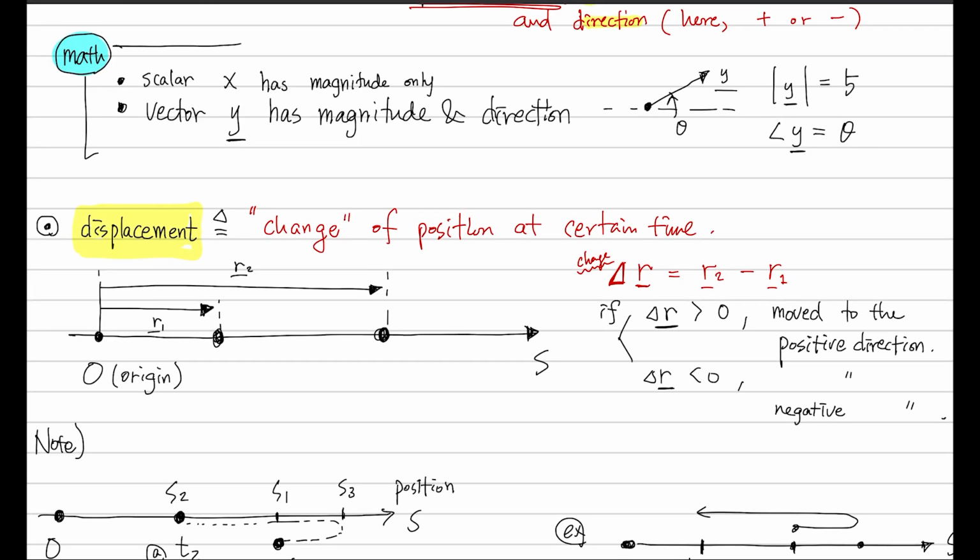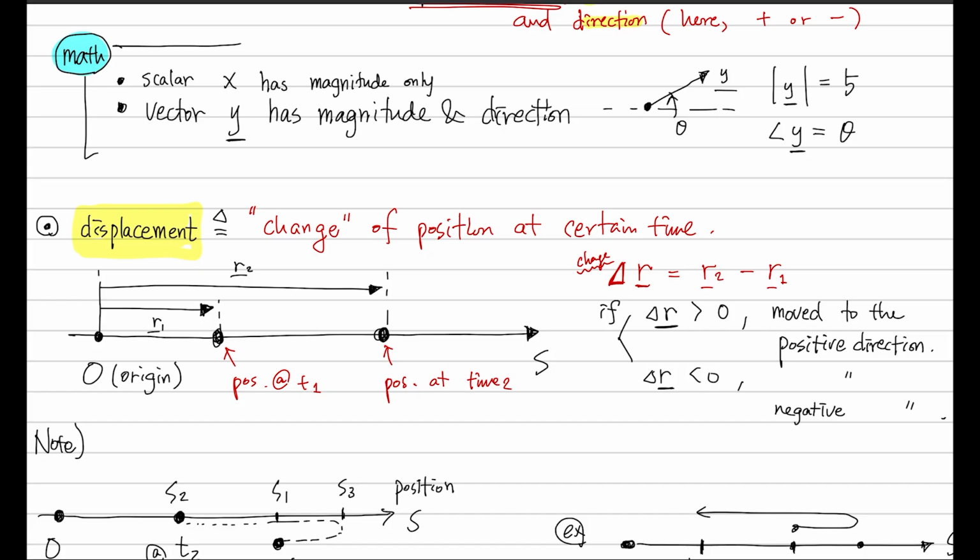R2 is the position at time 2, and R1 is the position at time 1. So very straightforward, right? And this change is nothing but R2 minus R1, all right?